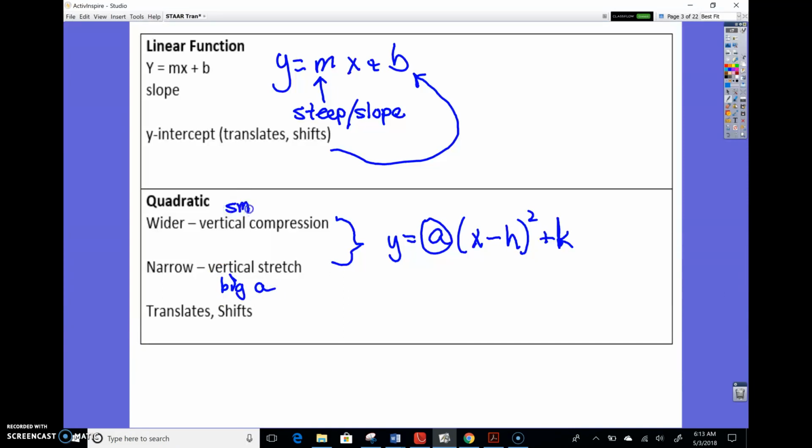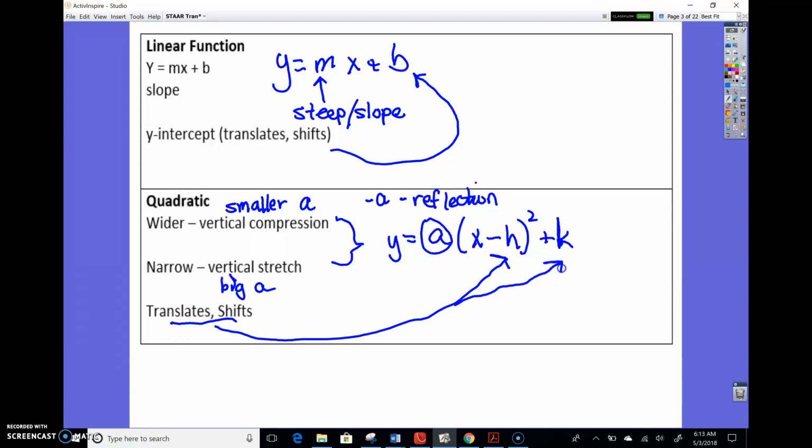With vertical compression, you have the smaller a. The other thing you need to focus on is that a negative a is a reflection. And these two things, where there's no x, affect the translation. I'll show you in examples coming up.